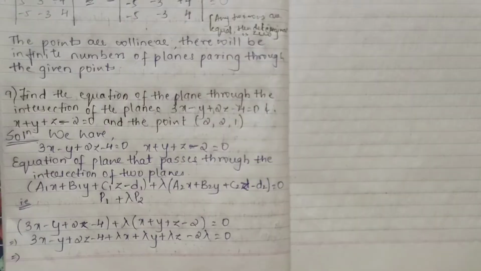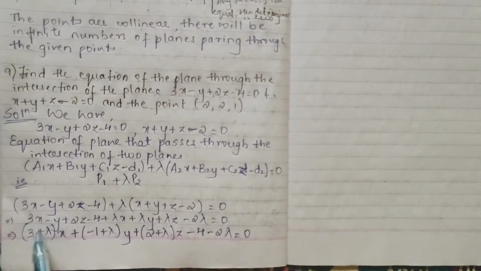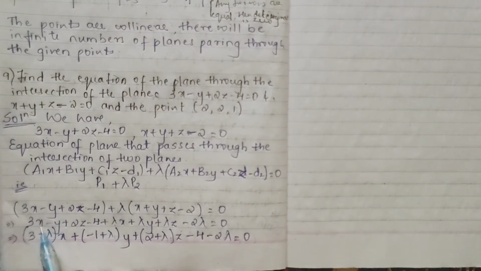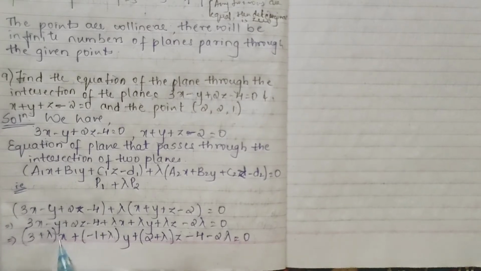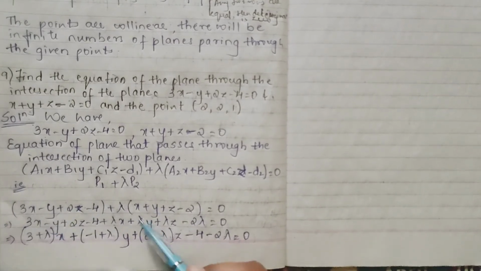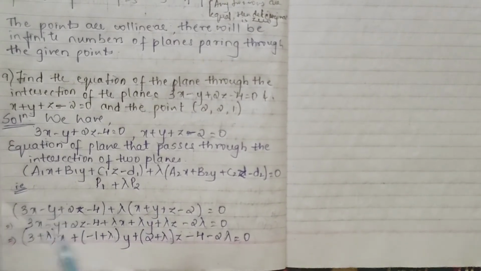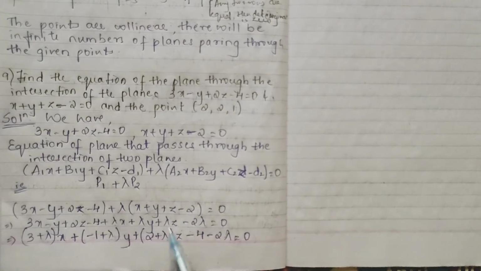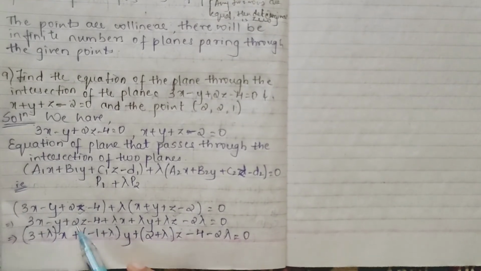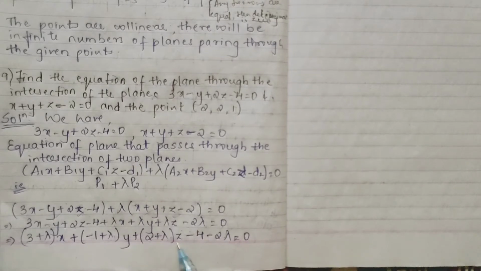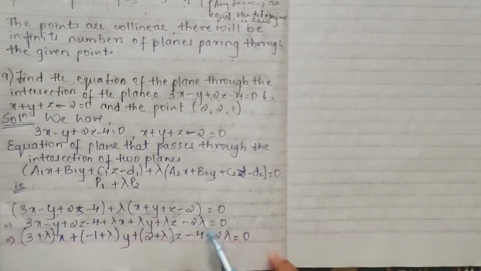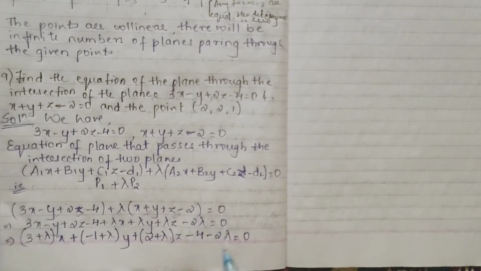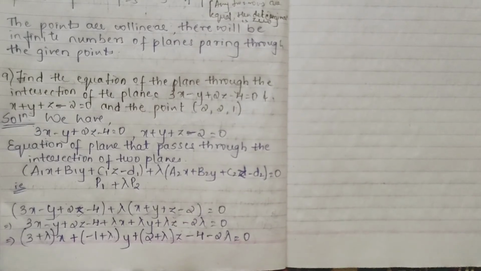So we have grouped: 3x plus lambda x, taking x common gives 3 plus lambda whole x; from both y terms, taking y common gives minus 1 plus lambda y; from the z terms, plus 2 plus lambda z. The remaining minus 4 and minus 2 lambda we keep as it is, equal to 0.